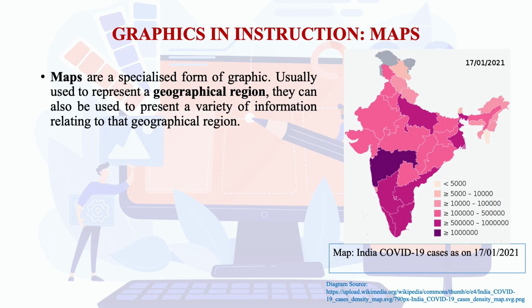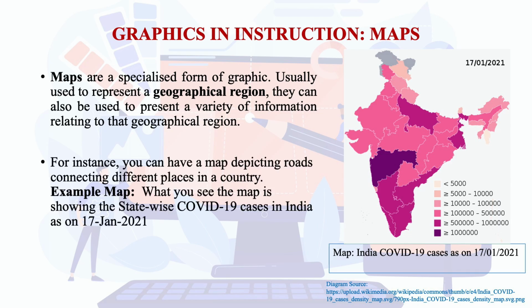It's a map. A map is one of the graphs, especially in graphics, usually used to represent geographical regions. They can also be used to present a variety of information relating to that geographical region. You can have a map depicting roads connecting different places of the country.